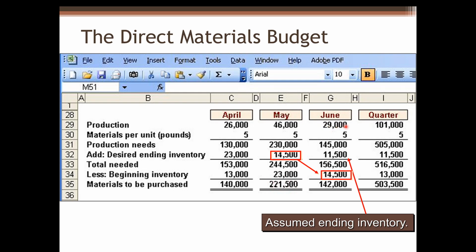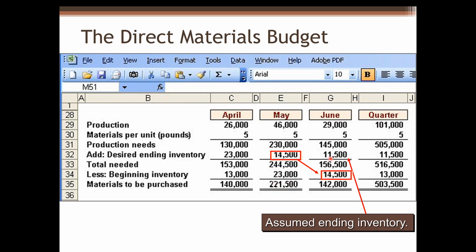And same for June. 29,000 units multiplied by 5 gives production needs of 140,000 pounds. The desired ending inventory in June is an assumed number. Based on the previous quarter or the same quarter of the previous year, the manager will estimate the ending inventory in June.